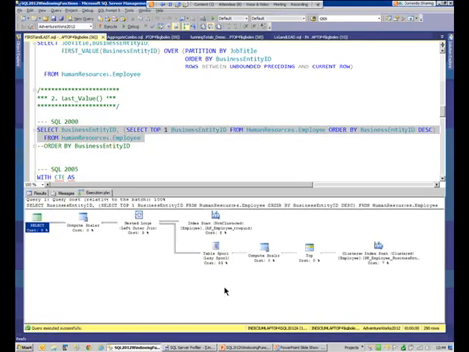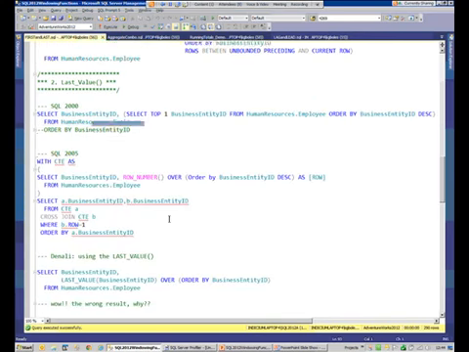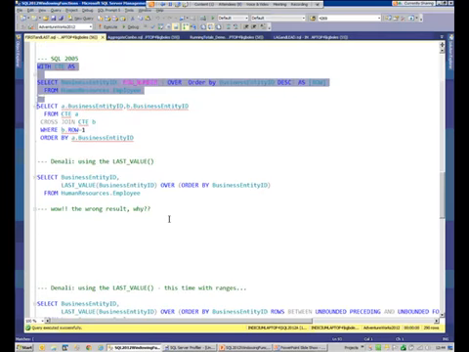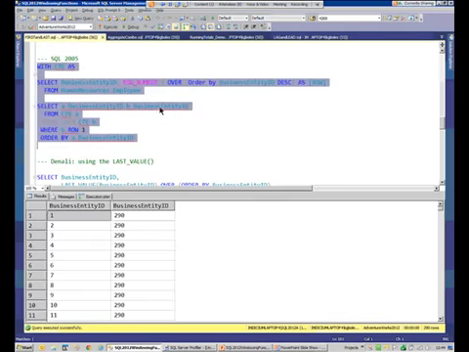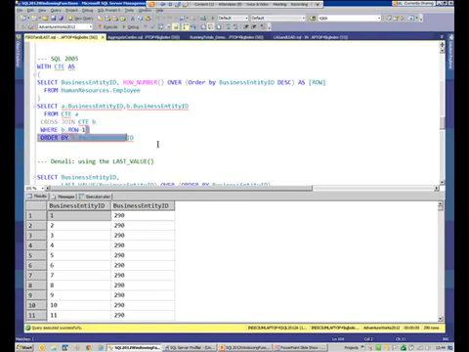How about that? It's the same plan, right? I'm just changing the order by. Same thing with 2005 and the row number, order by descending, simple change.